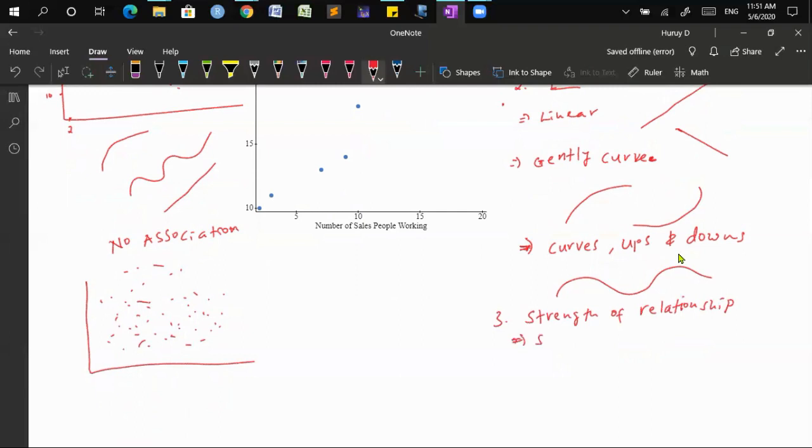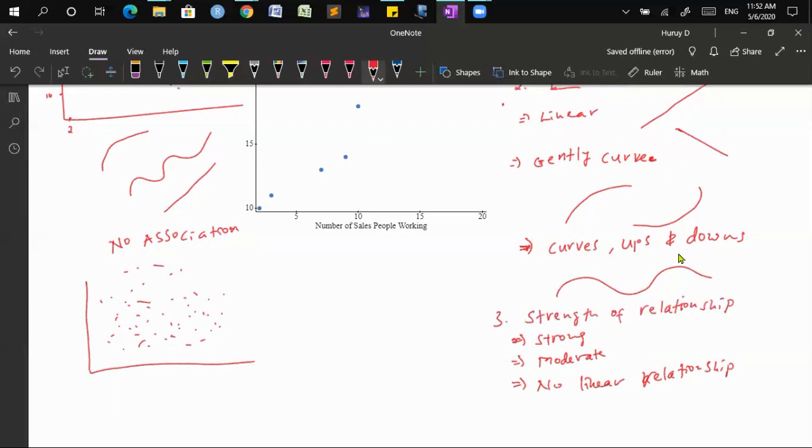So it could be, we can say strong, we can say moderate, or non-linear relationship, or you can even include, if you want to, weak relationship or weak association.